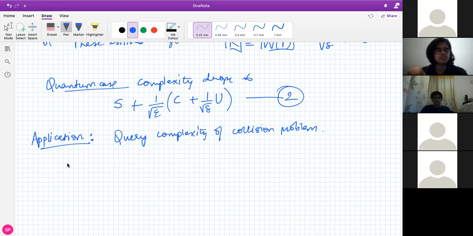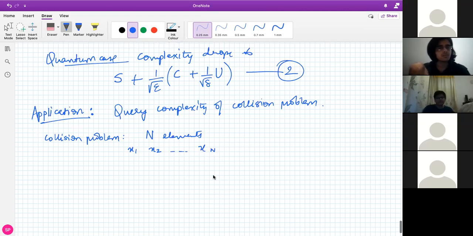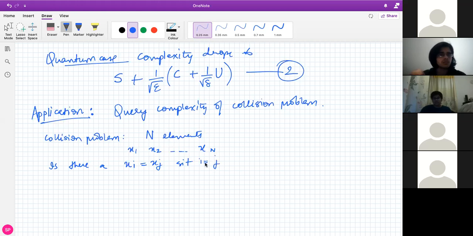Okay, so a collision problem is: you have say n elements, x1, x2, ..., xn. Is there an xi equal to xj such that i is not equal to j?